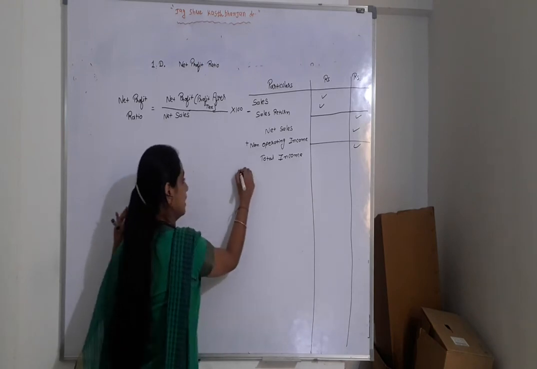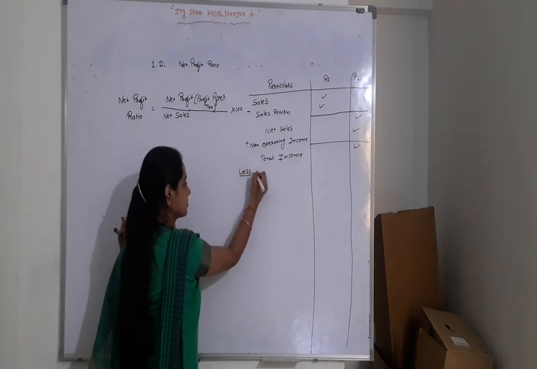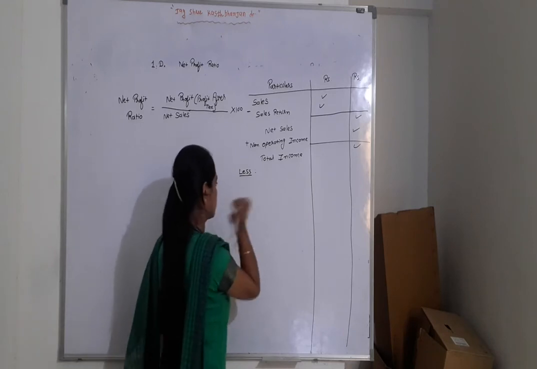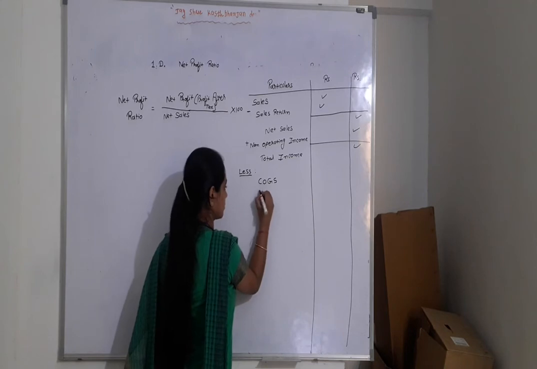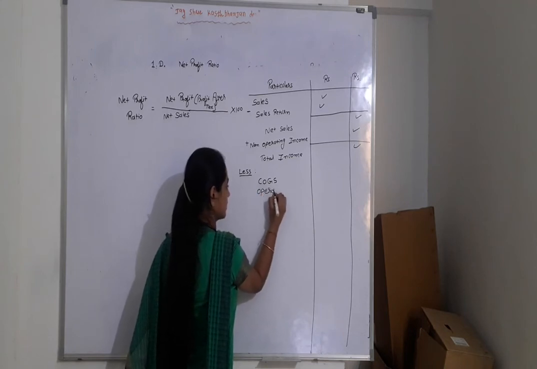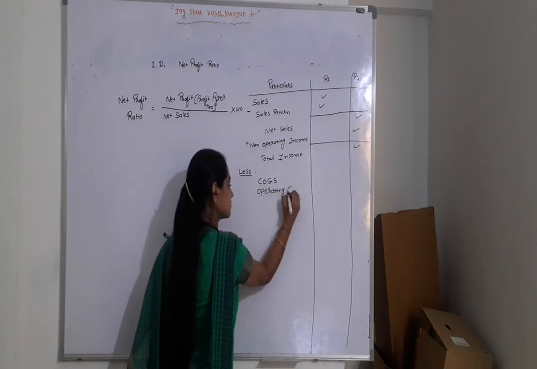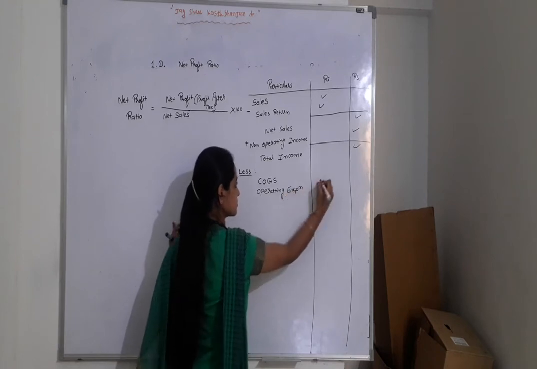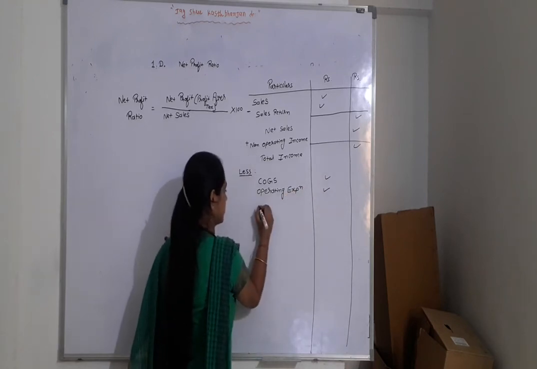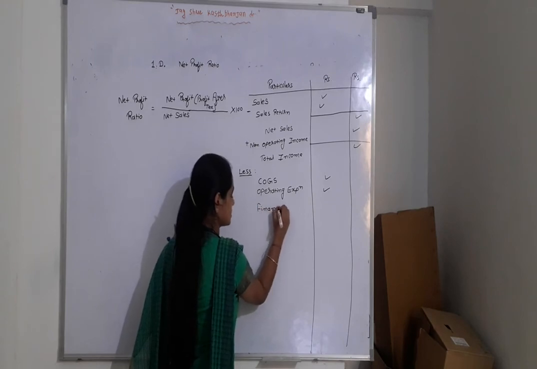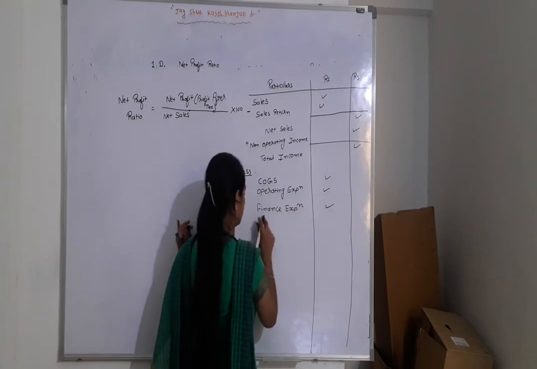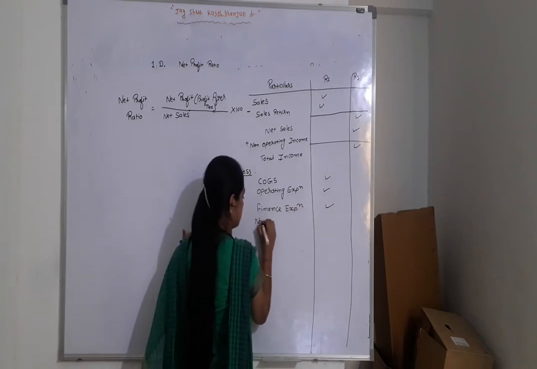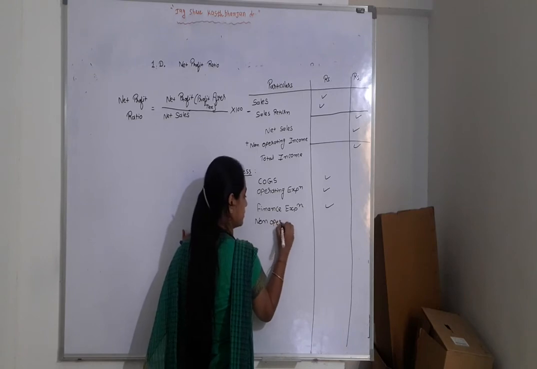Next, less COGS, operating expense, then finance expense, then non-operating expense.